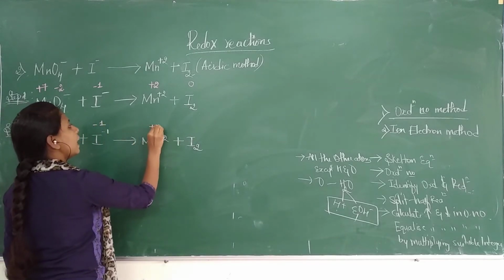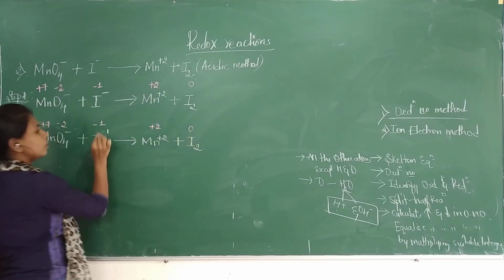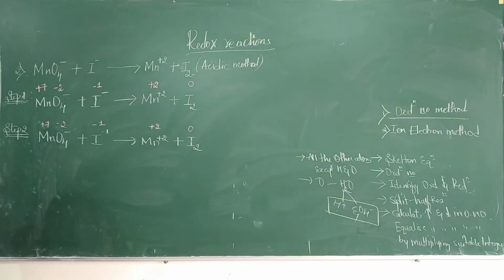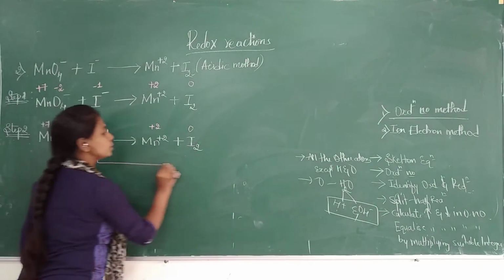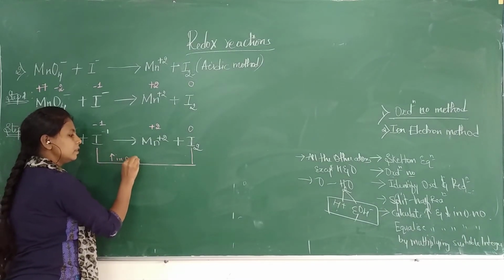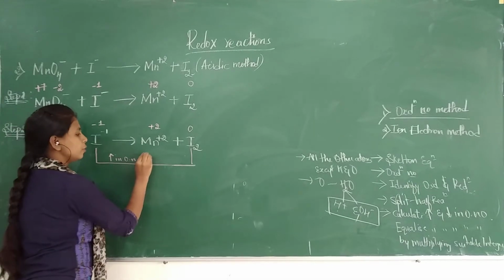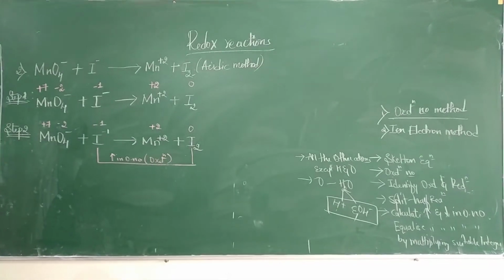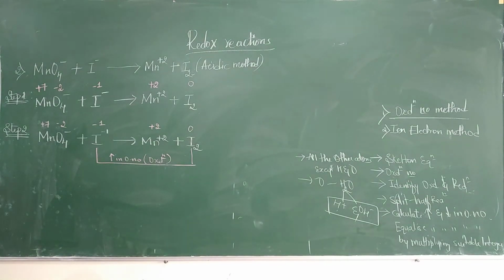Yeah, it is in iodide. So iodide has changed to iodine. I went from -1 to 0. It is just an increase in the oxidation number, which is known as oxidation reaction.